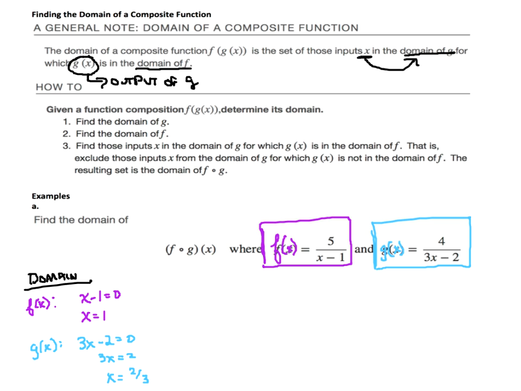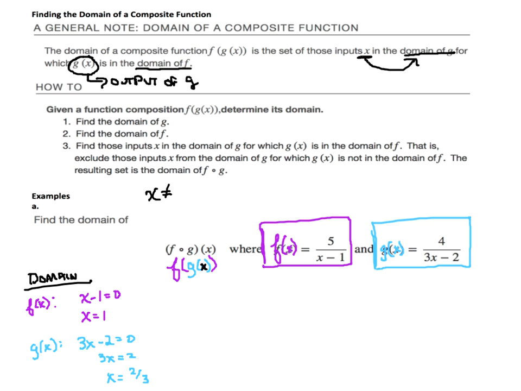So, right off the bat, since our g is our plug-in function, let me just rewrite this up here. F composed of g of x, this is f of g of x. Actually, let me make that x black here. Okay, so far, the first thing we want to do is figure out what we can't plug in to the plug-in function.